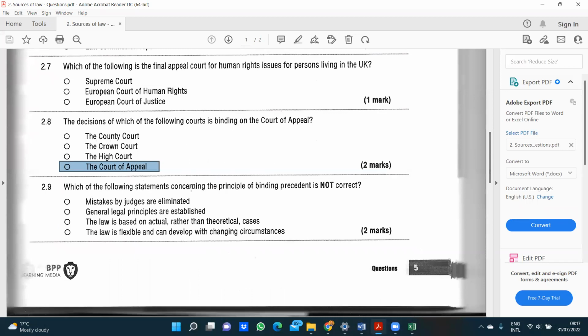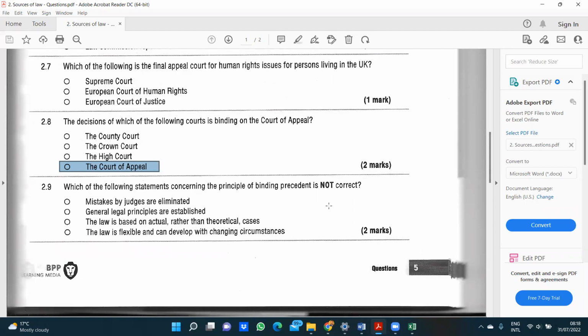Which of the following statements concerning the principle of binding precedent is not correct? A, mistakes by judges are eliminated. B, general legal principles are established. C, the law is based on actual rather than theoretical cases. D, the law is flexible and can develop from changing circumstances. So, what do you think is not correct?